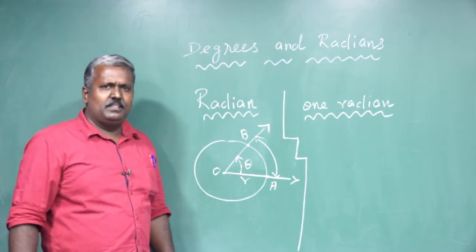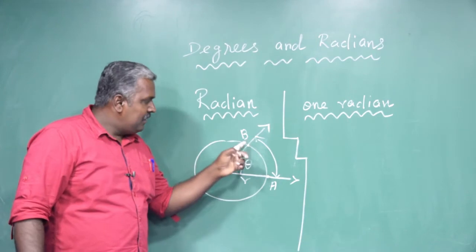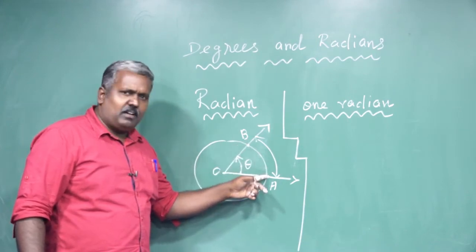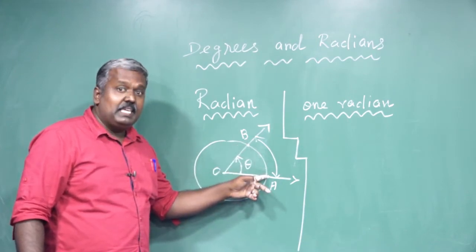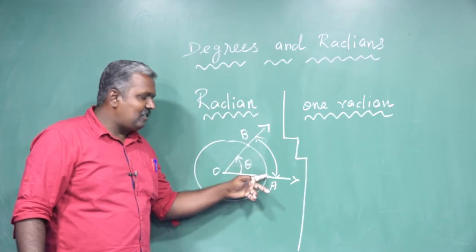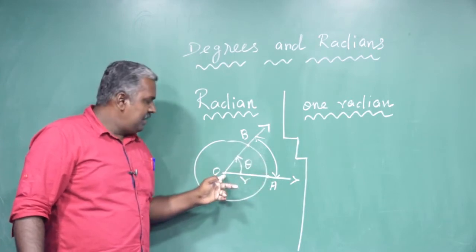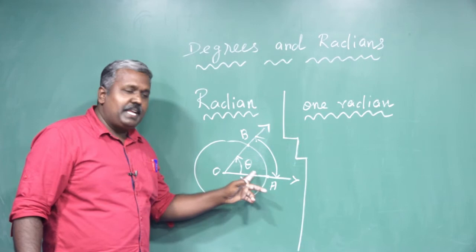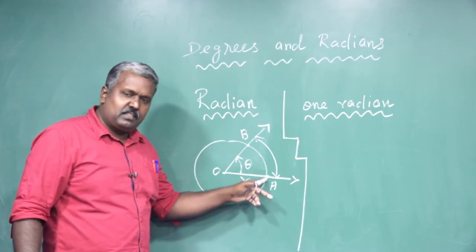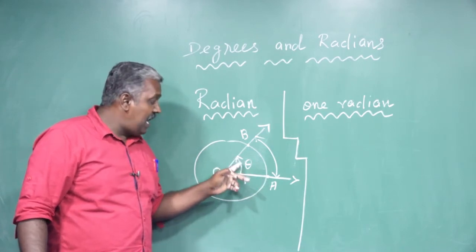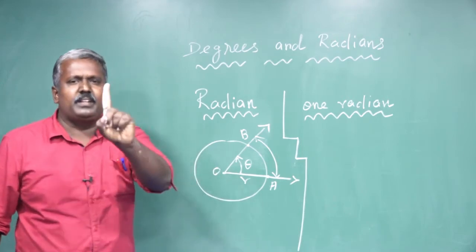Clear or not? If the length of the circular arc is equal to the radius of the circle, now this angle is equal to 1 radian.